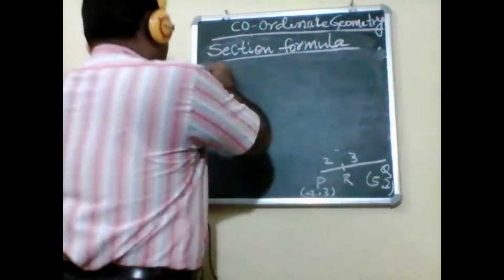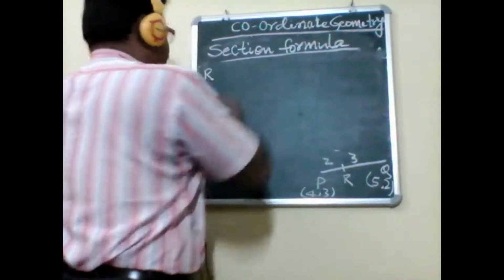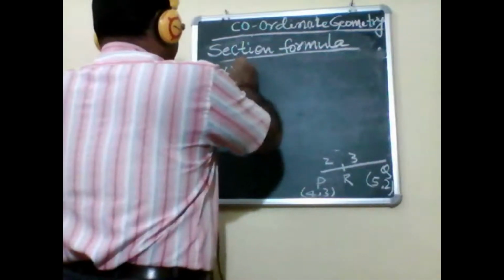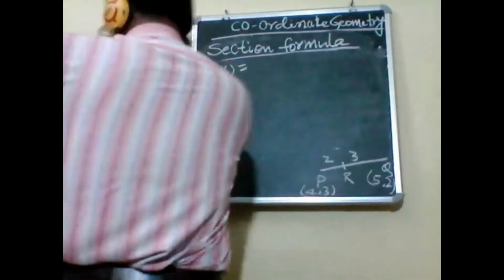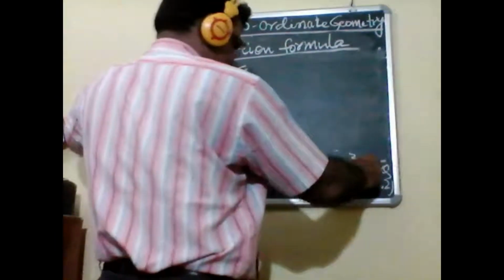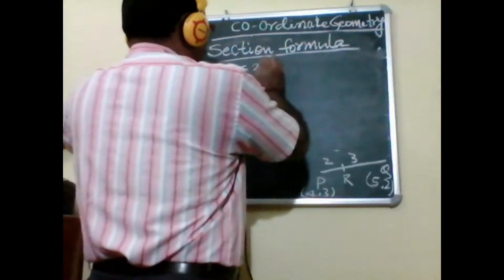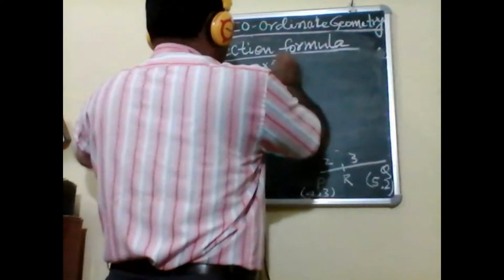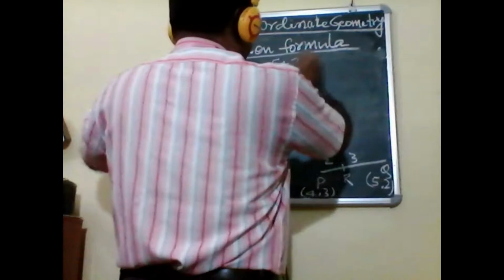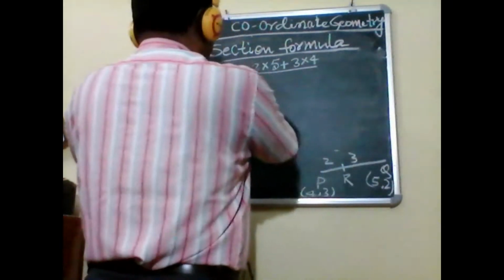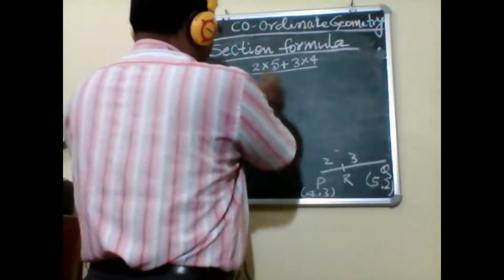So the x coordinate of R can be found, that is m1 x2 plus m2 x1: 2 into 5 plus 3 into 4, divided by 2 plus 3.